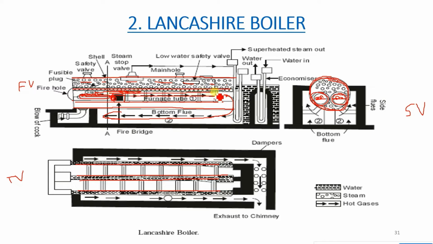Flue gases move in this direction and then come down. And then from the down direction it moves along the lateral side, or the outer side of the outer shell. So water gets heated from outside also.